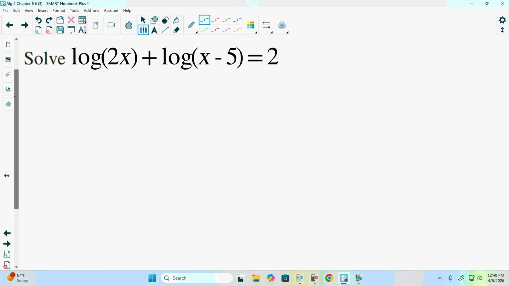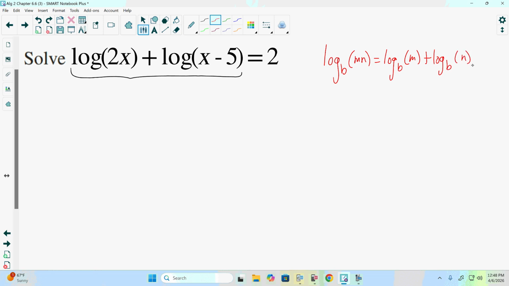So we need to rewrite log of 2x plus log of x minus 5 as a single log. And we can actually use the product property, which says that log base b of m times n is equal to log base b of m plus log base b of n.